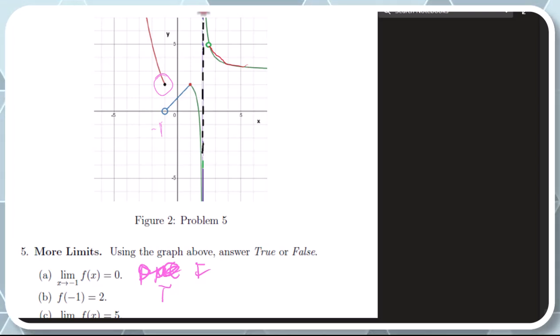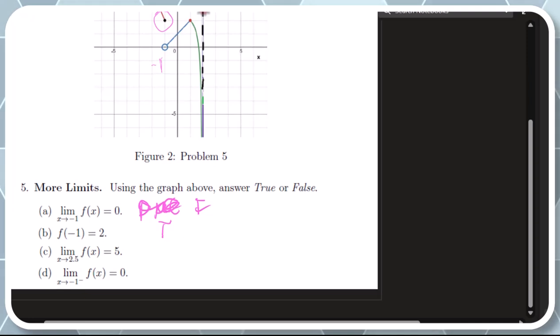The y value is 5. It doesn't matter that at 2.5 the function doesn't exist, just as long as it exists getting closer to it. And it's getting closer to it from both sides, so both sides have the same limit, and it is 5. So that is true.